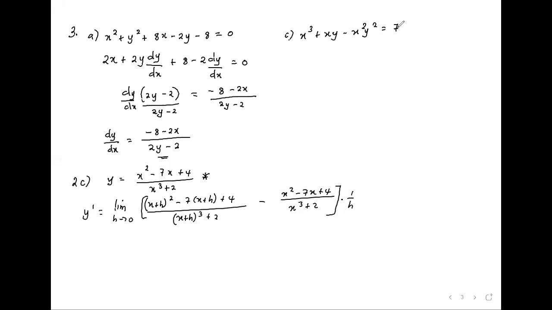So here what you do is you just differentiate. So you differentiate x cubed to get 3x squared. And then we differentiate this one using product rule. We differentiate x, we get 1 and multiply by y, plus we differentiate y, we get dy/dx, times x.